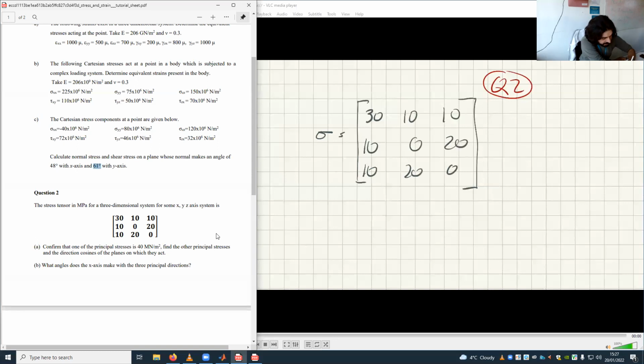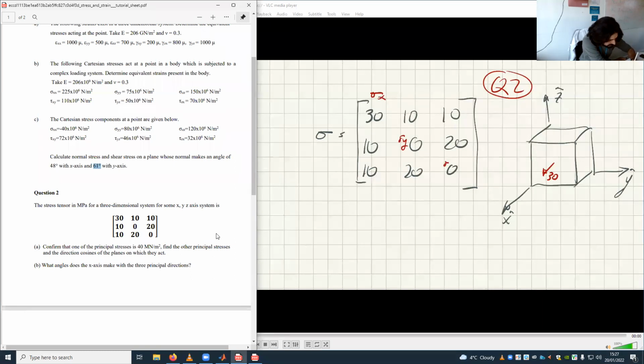So how does this look like? Let me sketch it very briefly. This is 30, sigma x, 0, 0. So there is nothing in sigma y and sigma z. This one is, let's do this in blue, tau xy.